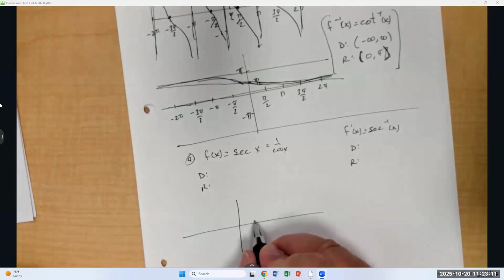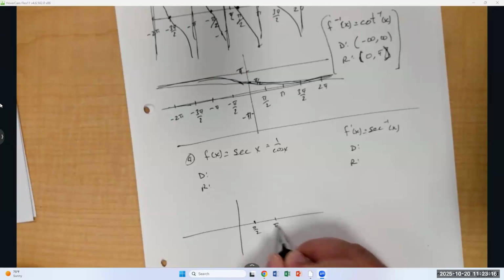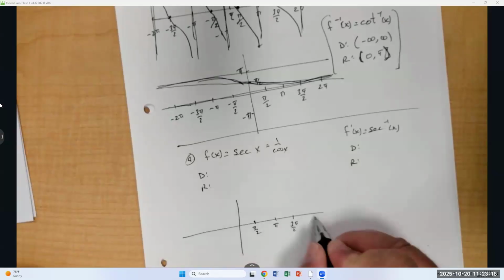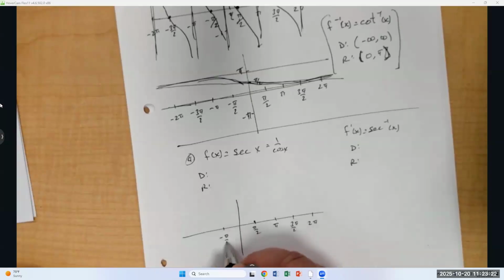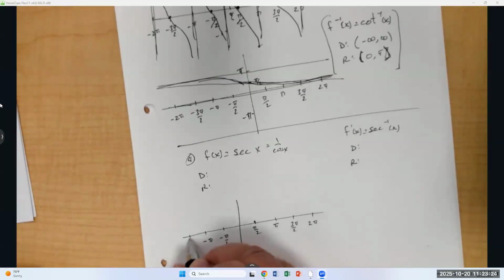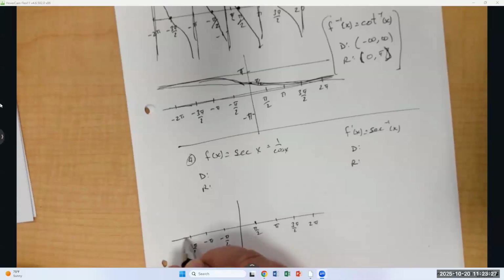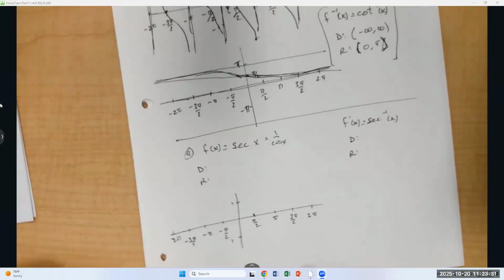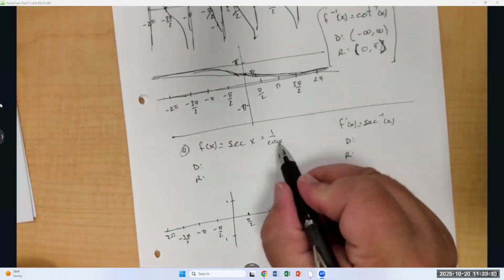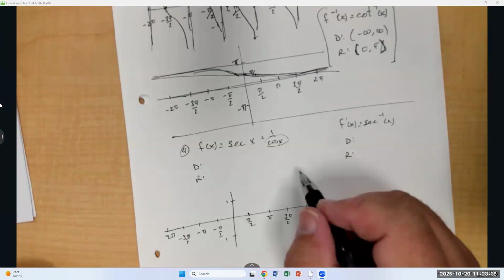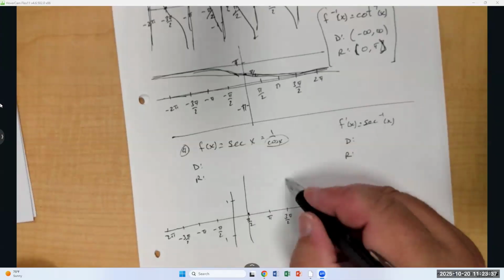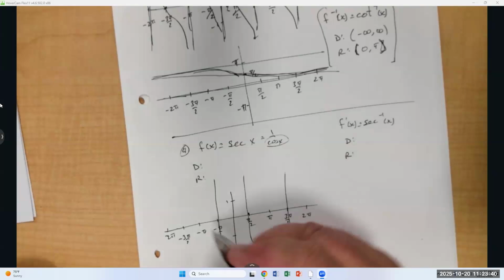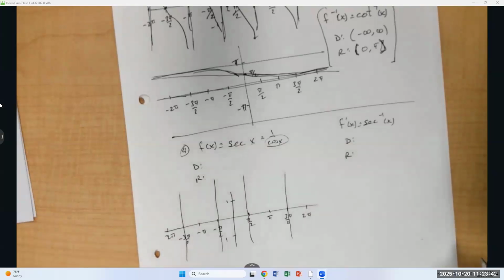So we first look at the cosine function, from -1 to 1. So where is cosine 0? Cosine is 0 at pi over 2, 3 pi over 2, negative pi over 2, negative 3 pi over 2.